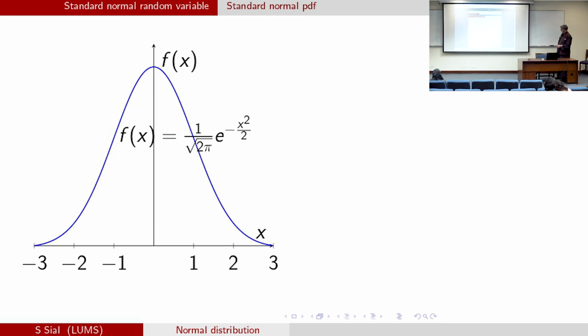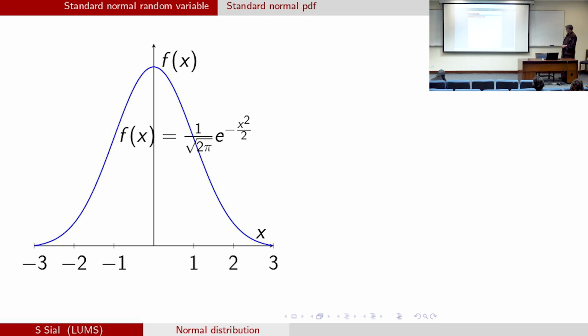Now, this is part of the graph. The graph extends infinitely in both directions. This is a part of the graph, and we see that most of the area under the curve is in fact from z equals minus 3 to z equals plus 3. And note that it's symmetric.